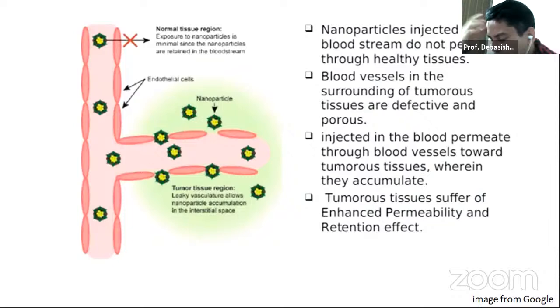If you make a nanoparticle or a vesicle with a size of more than 100 nanometers, then obviously it will not pass through your blood vessel. But the cancerous cells are porous in nature, and if there is a tumor tissue or cancerous tissue, then obviously you can utilize this kind of liposomal particle to pass through the blood vessel.